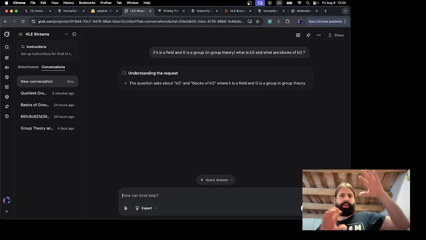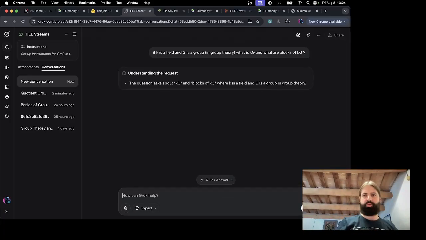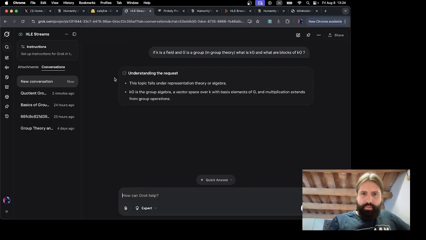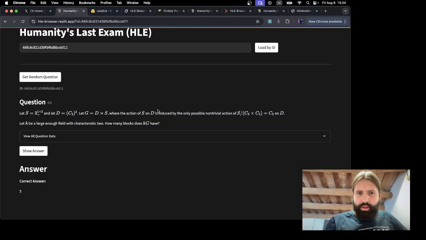Because from a structural perspective, that's what I'm missing to understand. So we have G, which is a group. Then we have K, a large enough field. And I don't know, what is a field? The field has characteristic. And the question is how many blocks does KG have? That's what we want to answer, right?